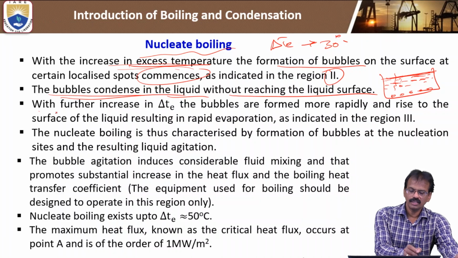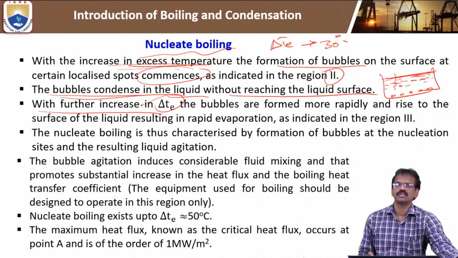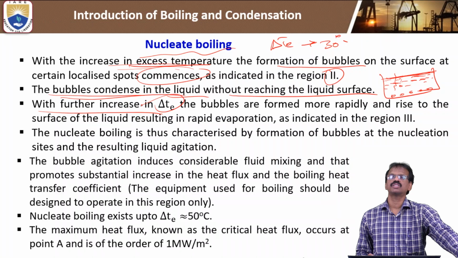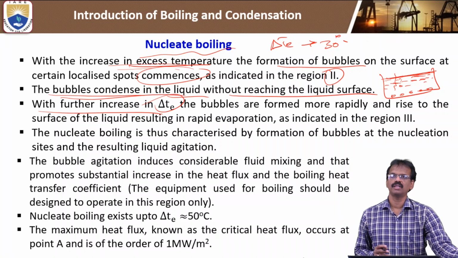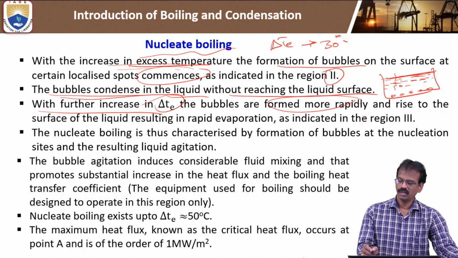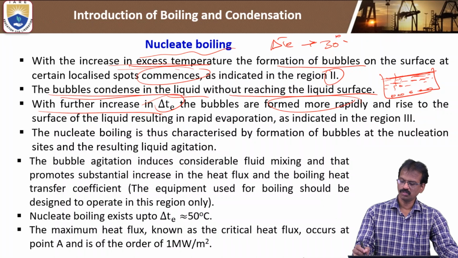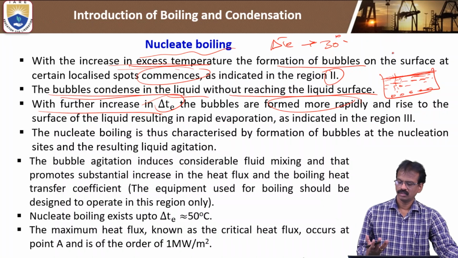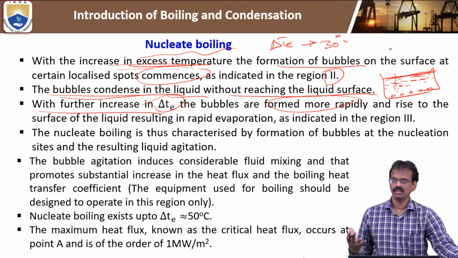With further increase in excess temperature delta T, the bubbles are formed rapidly and rise to the surface. Bubble formation increases rapidly. These bubbles come to the top surface, leave the liquid and mix with the atmosphere.